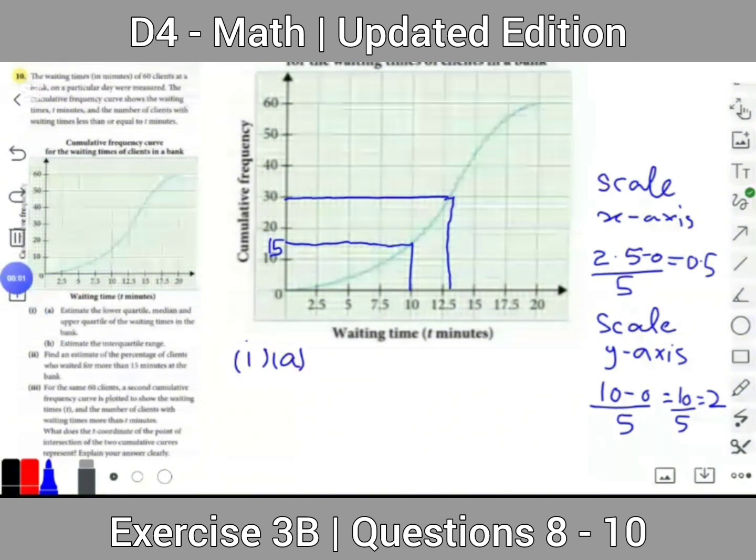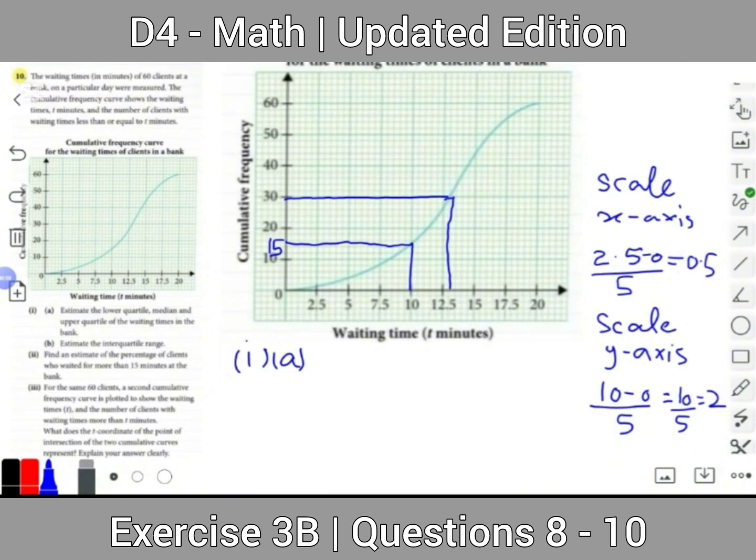Estimate the upper quartile from the cumulative frequency curve. We find the position of the upper quartile by using 3 by 4 n, which is equal to 3 by 4 multiplied by 60.